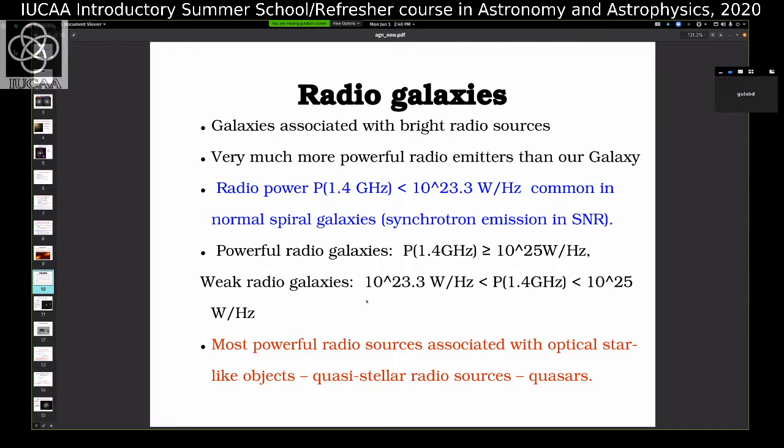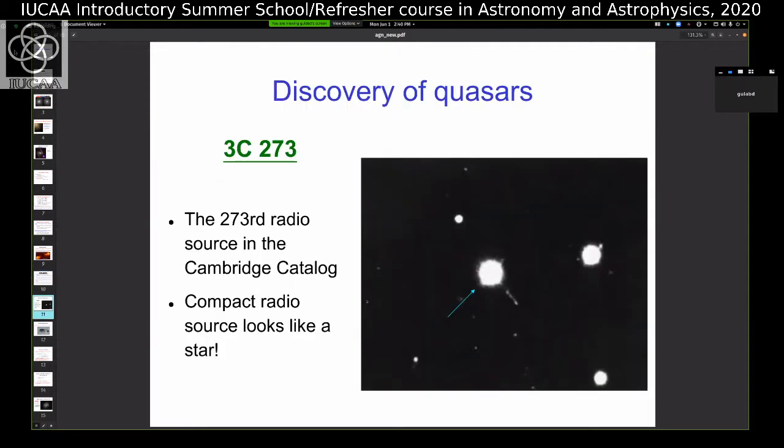And later on, when people studied the most powerful radio galaxies, they found that the most powerful radio sources are associated with optical star-like objects. They are called the quasi-stellar radio sources, or quasars. Here is how the discovery of these quasars actually happened. So this is an optical image of a quasar called 3C273.